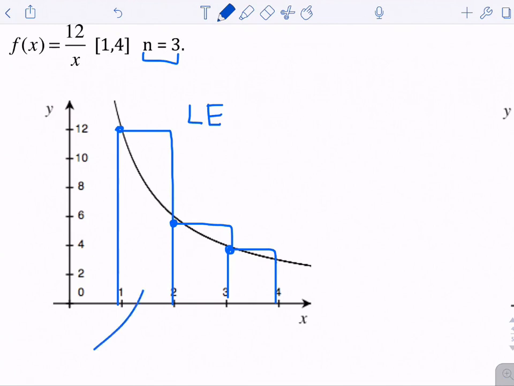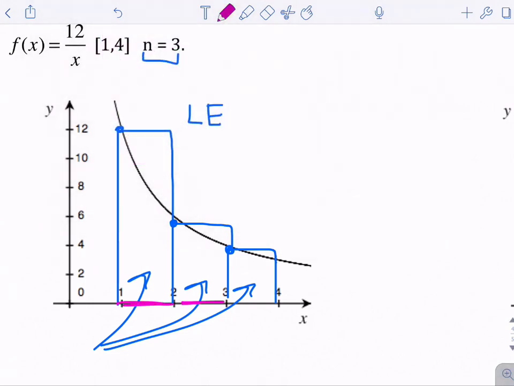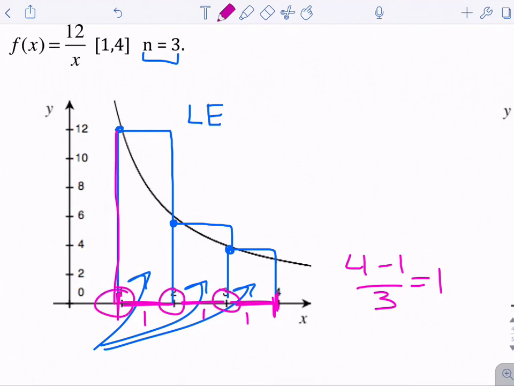So we basically just need to find the area of each one of these rectangles and then add them up. So if you look, going across here, the width of each one of these, since we're going from 1 to 4 and we're splitting that into 3 equal pieces, we know each width has to be 1. So 1, 1, and 1. Now all that's left to do is find the heights of each of these. So the heights occur at these different x values here. So this one will actually be f of 1. This height will be f of 2 because it's 1 away.